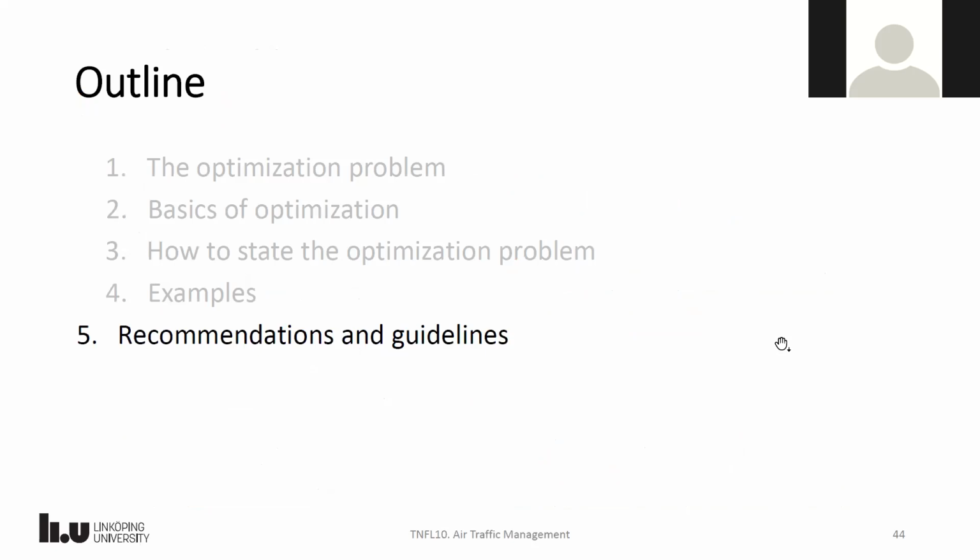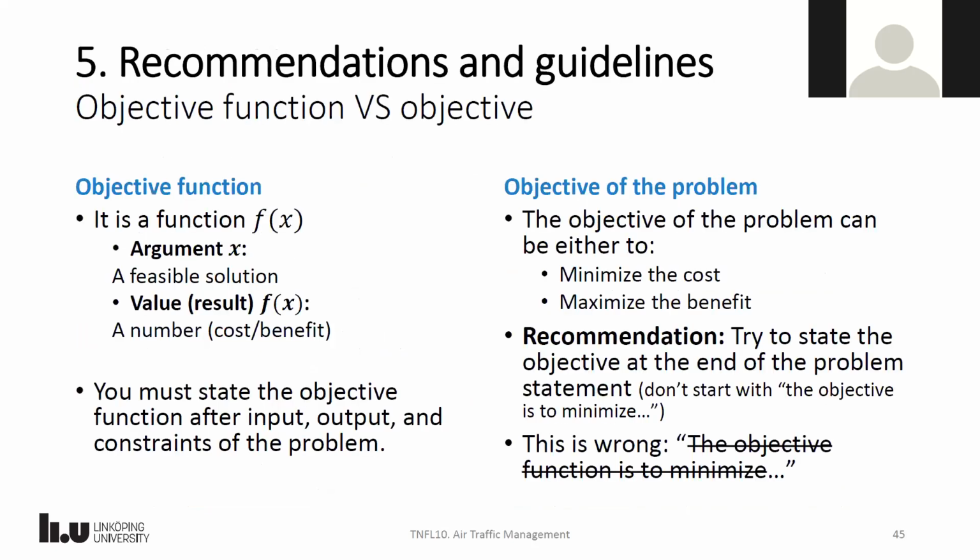And finally, some recommendations and guidelines in general for the statement of the optimization problem. I want you to know the difference between objective and objective function. So an objective function is a function that has an argument. The arguments are feasible solutions, and it has a value. This means a number that we want to either minimize or maximize.